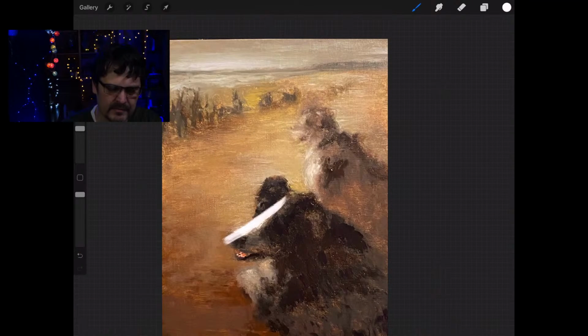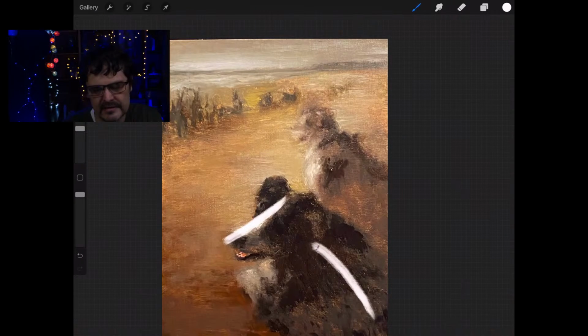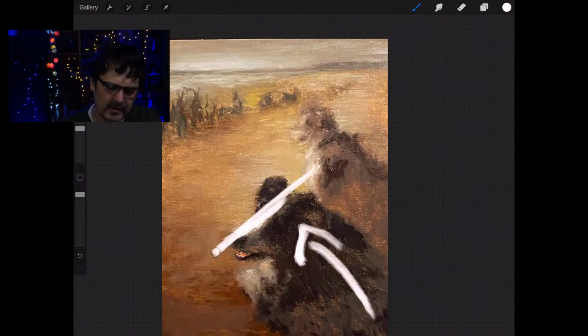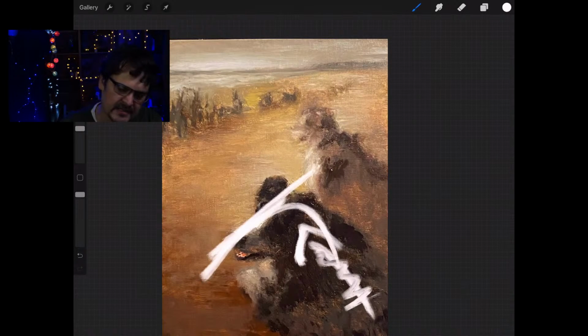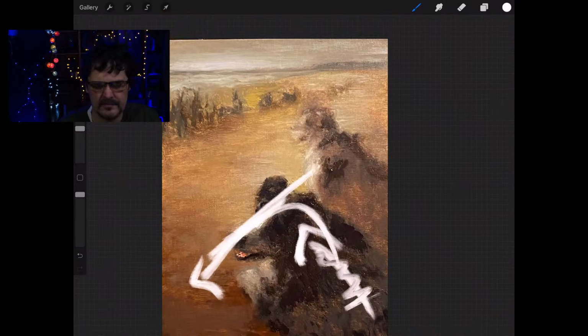Well, look at that. That's a direction, as strong as his gesture going this way. And what does this do to this first movement? It changes its direction. Okay?